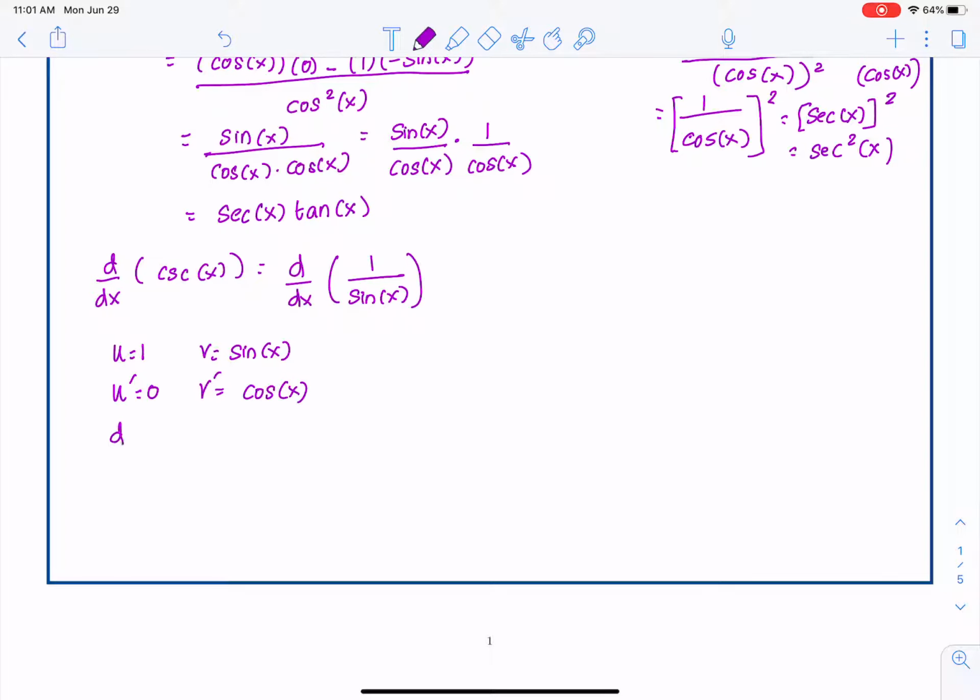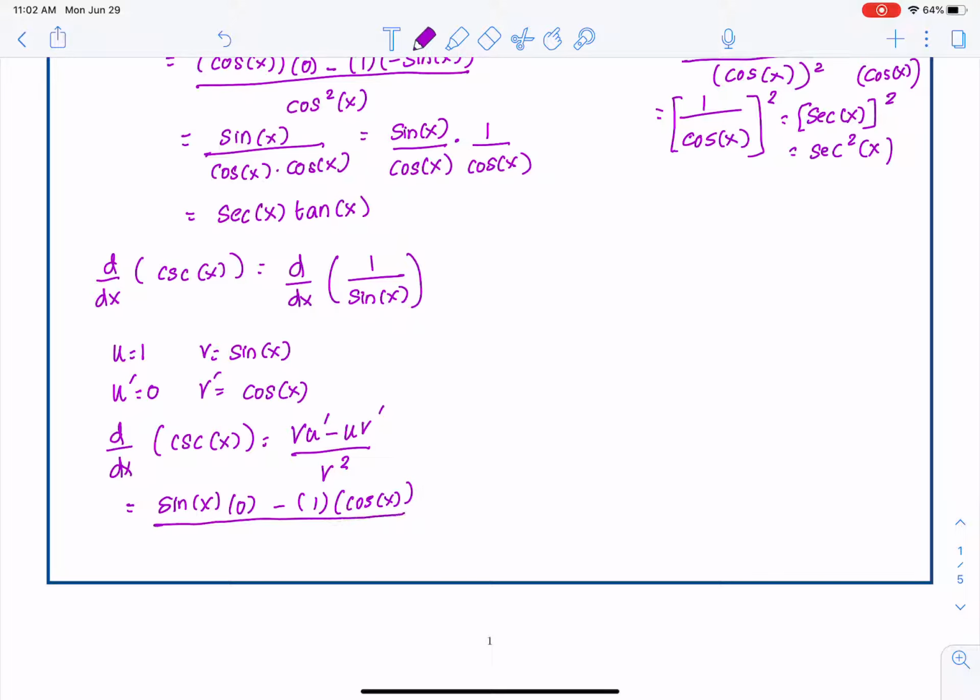Using quotient rule, we have v u prime minus u v prime divided by v squared. v is sine x, u prime is 0, u is 1, v prime is cosine x, divided by sine squared x.